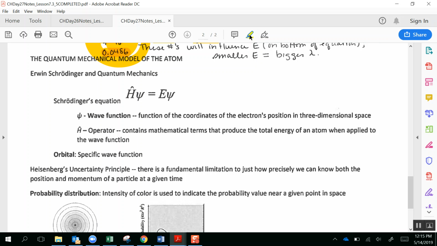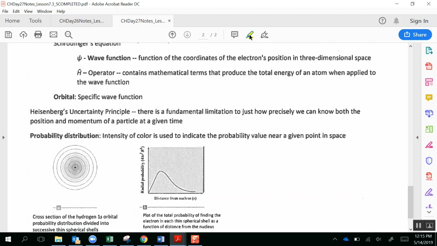An orbital is actually considered a specific wave function. So we talk about an s orbital or a d orbital or a p orbital or an f orbital, and we make it sound very easy, but Schrodinger actually has equations that identify each of those.